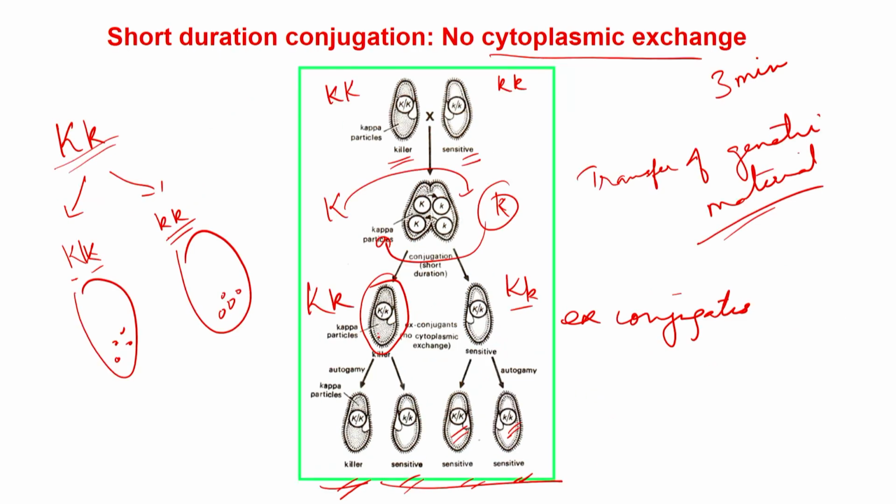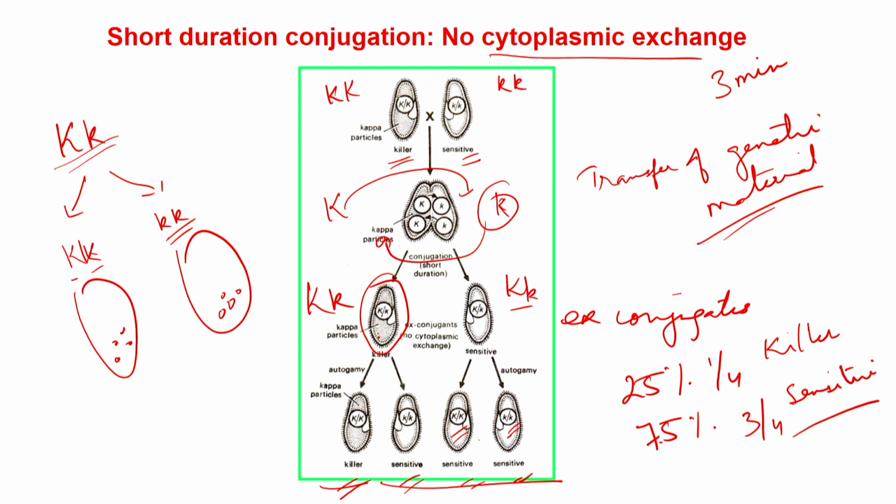On the other hand, when there is no cytoplasmic exchange, you have 25% or 1/4 of the population which is killer, and 75% or 3/4 of the population which is sensitive.